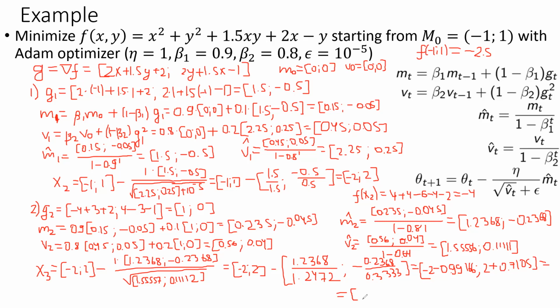So the value is negative 2.99166 and 2.7105. So that's how it goes.